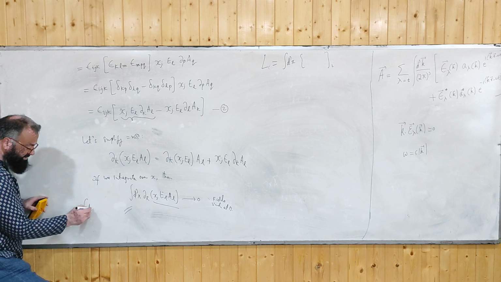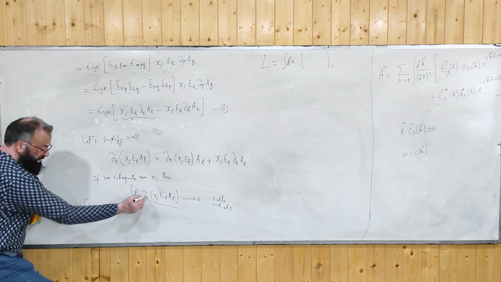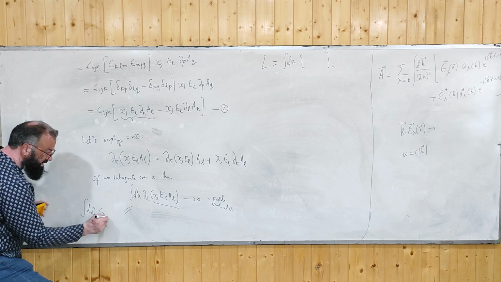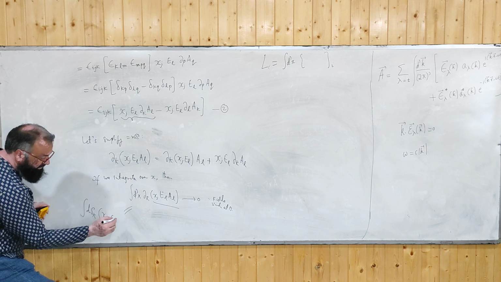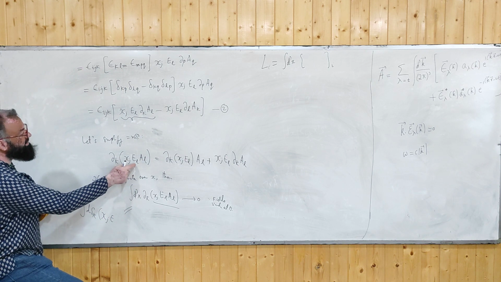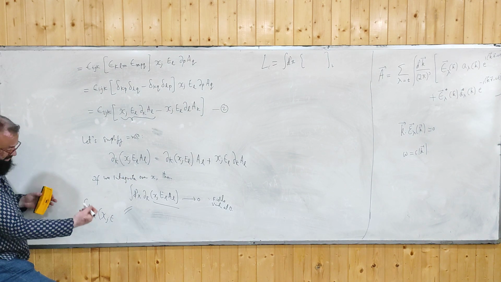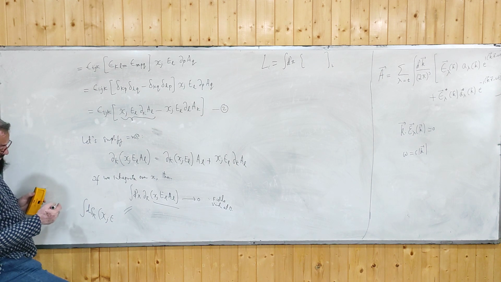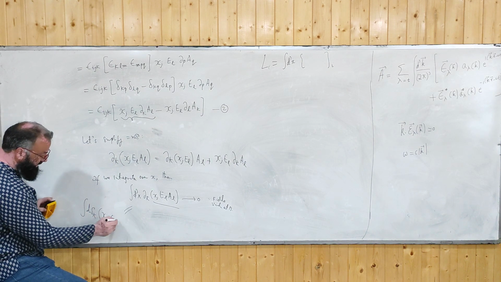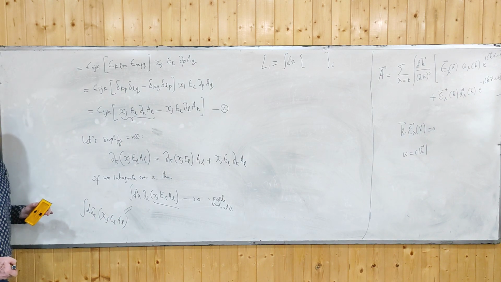Let's write some surface integral ds K, then you have this Xj EL, partial, so simple. So it's a surface integral.